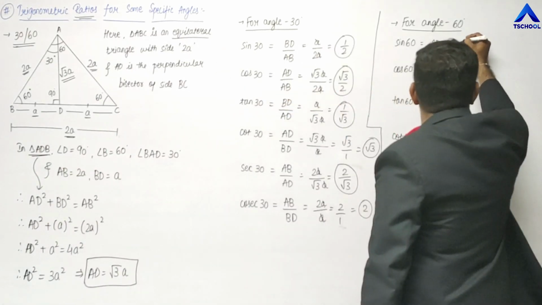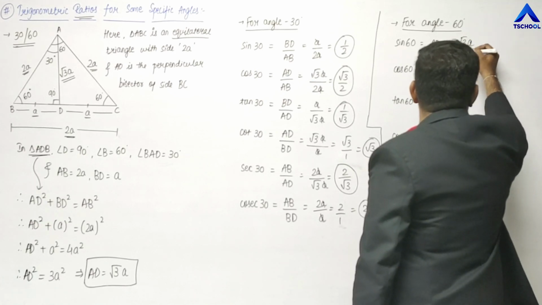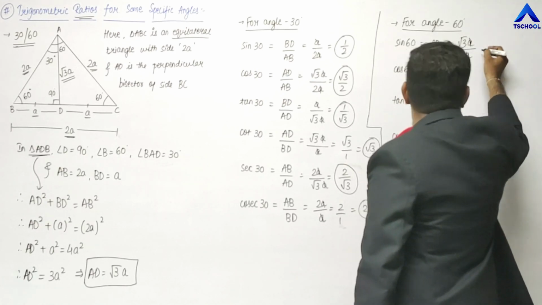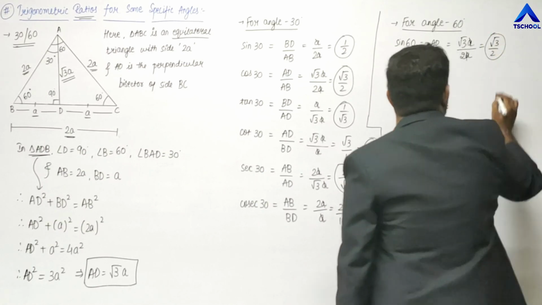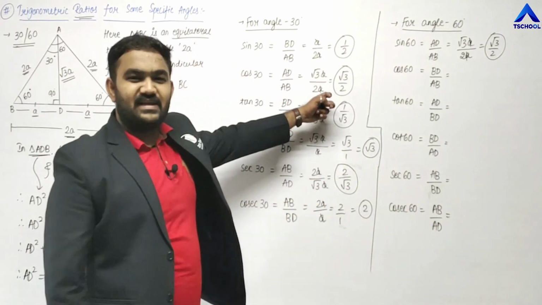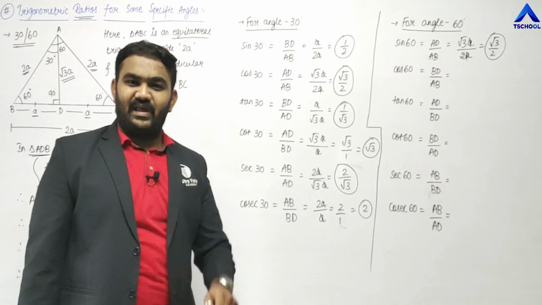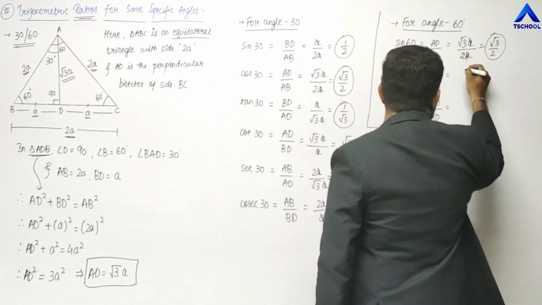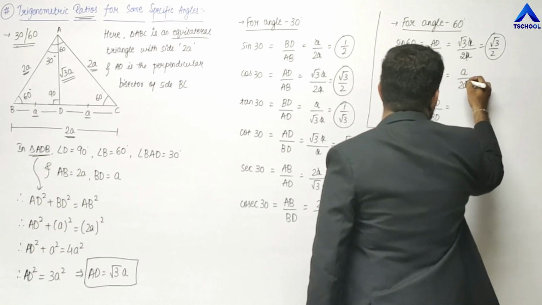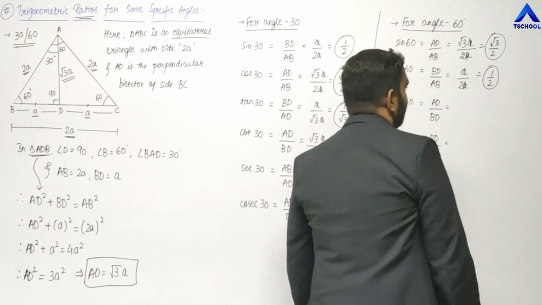AD upon AB, which is root 3a upon 2a. A and a will be cancelled, which equals root 3 by 2. So as I said, cos 30 and sin 60 will have the same values, the same ratio. Similarly, here we can say a upon 2a, a and a cancelled, which equals 1 upon 2.